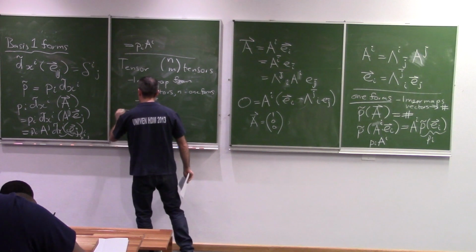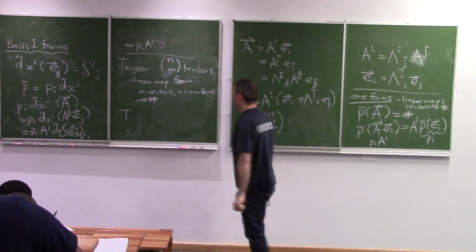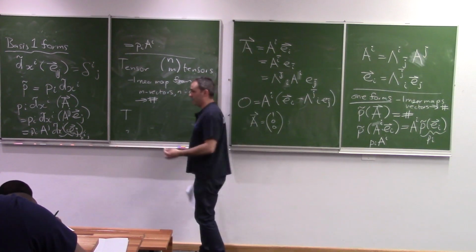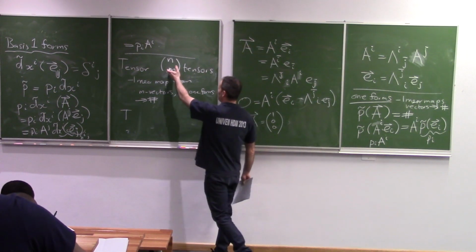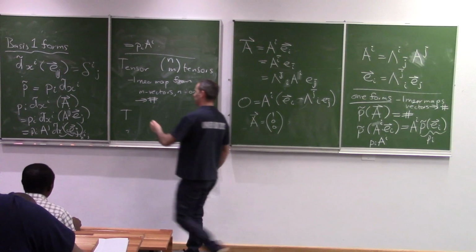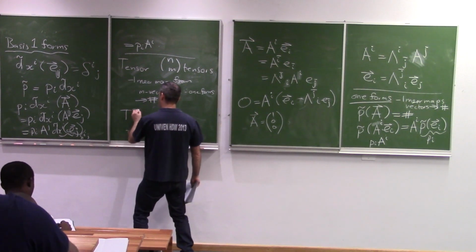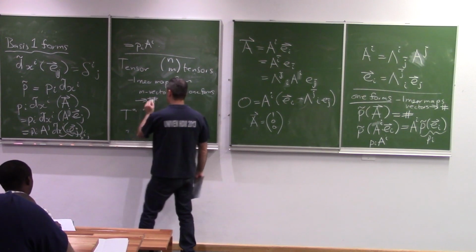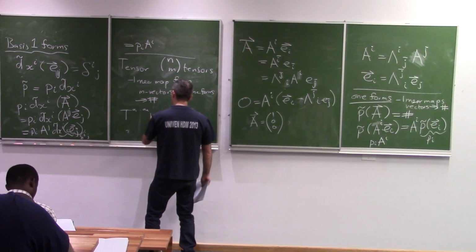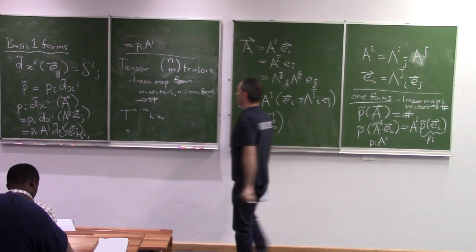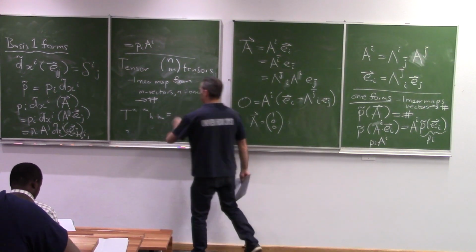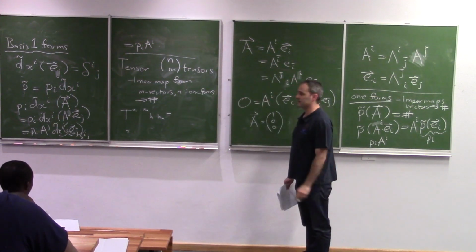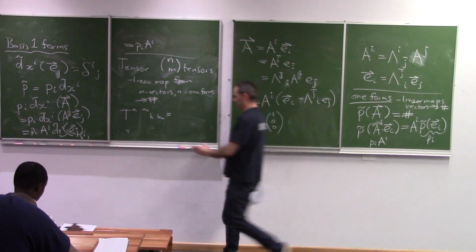And the components of a tensor: a tensor will have n upper indices and m lower indices. So I'll write it like T^{a1 up to an}_{b1 ... bm}. If I want to know what the components of that tensor are, I just feed the tensor my basis vectors.